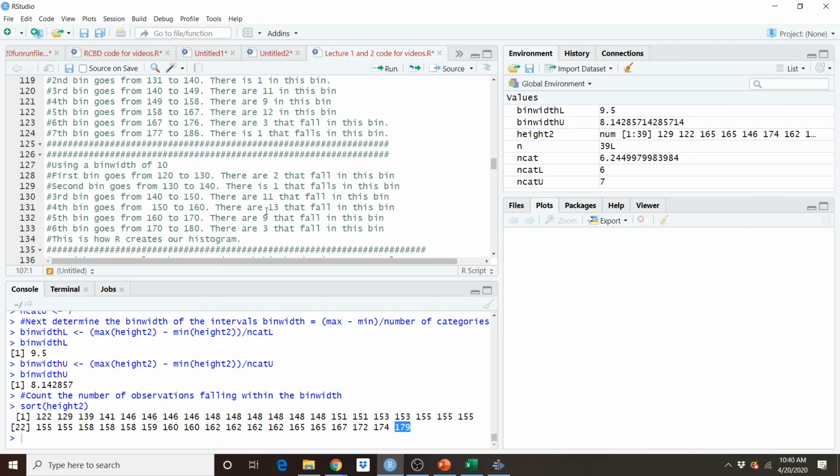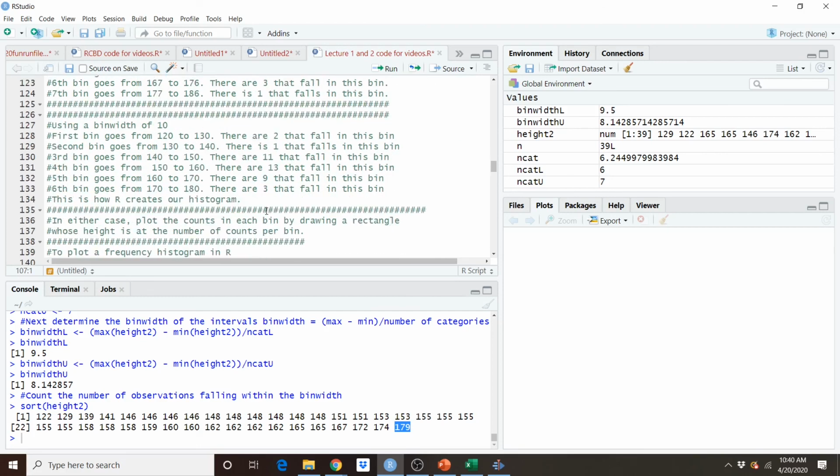But recall, I said we could take that 9.5 and round up to 10. Well, let's make it easy on ourselves, and we'll start at 120. So our first bin is going to go from 120 to 130. Well, there are 2 that fall in that bin. Here they are. And 130 to 140, there's 1. And 140 to 150, I have 11.